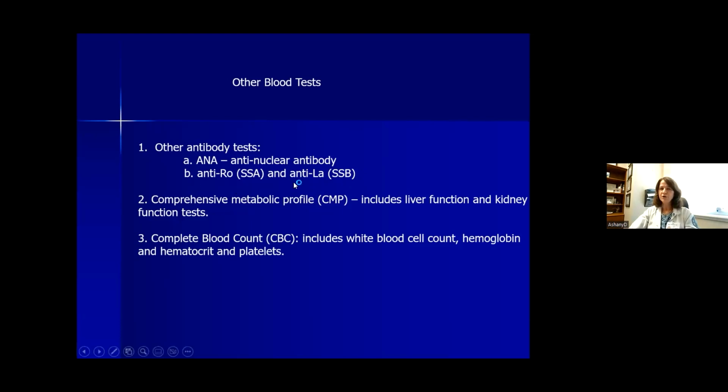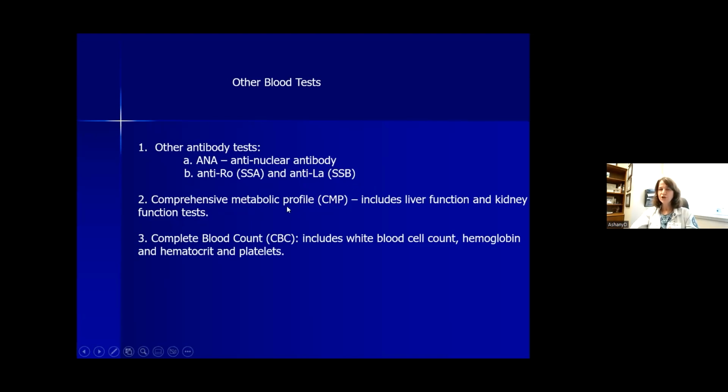Some patients with rheumatoid arthritis will develop a condition called Sjogren's, which causes dry eyes and dry mouth, amongst other symptoms. And so it might be informative to check these and see if a patient is positive.